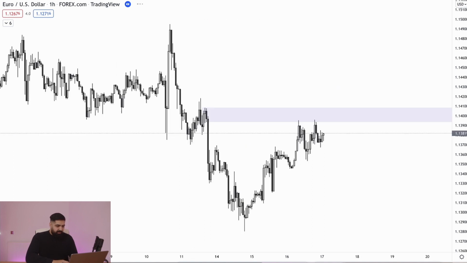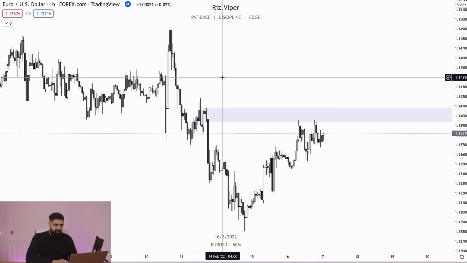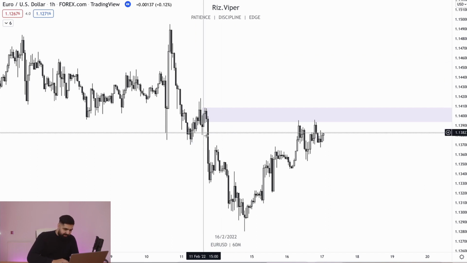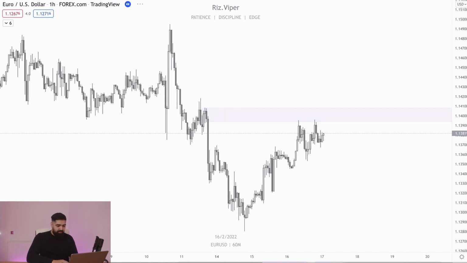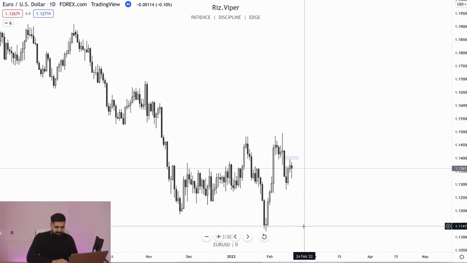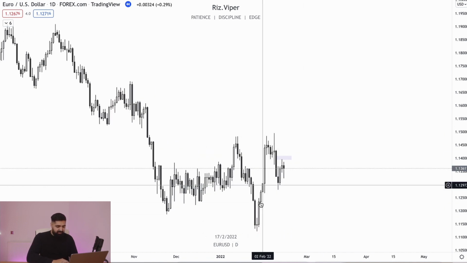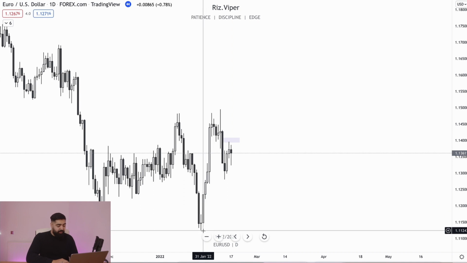However, we had this clear area that price would need to break above first before we could even consider that. And as you can see, we've got that buildup of liquidity. We've got that reasoning as to why we would look for further shorts down to at least the daily low, the discounted price for this price range, and obviously this being the weekly low and monthly low as well.